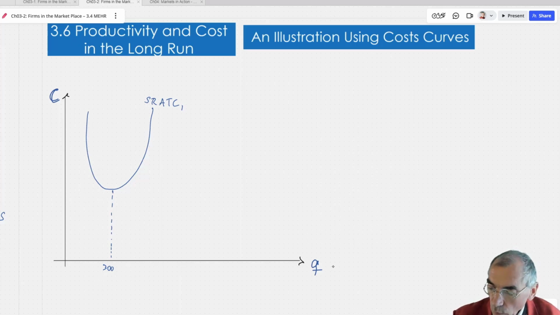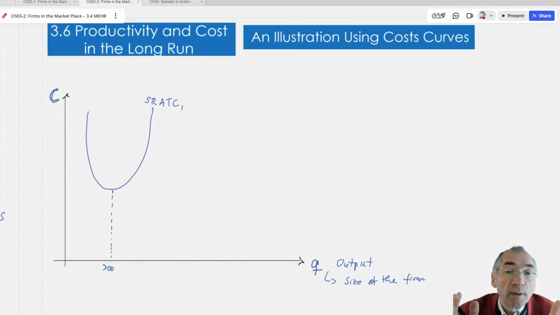And this Q is output, so that's at the end the size of the firm. We can measure the size of the firm with different indicators. We can take the number of employees, we can take the revenue and so on, and here we just say the amount of output.